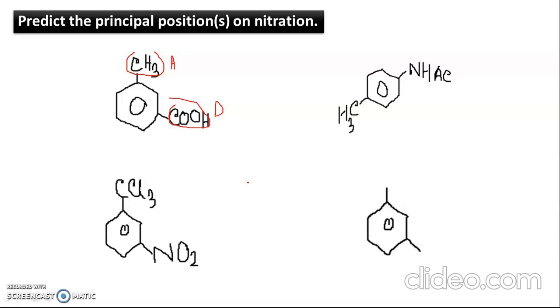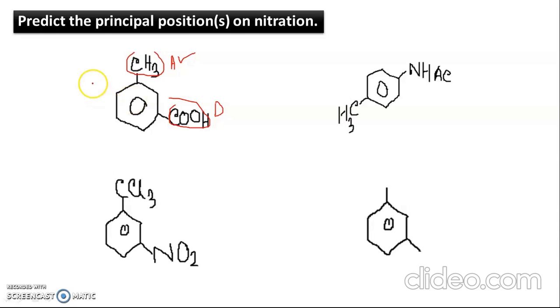Now when in the benzene ring there is an activating group and a deactivating group, these two are providing opposing effects on the benzene ring. So what we will do, we will consider the activating group more compared to the deactivating group. Here we have to consider the orientation effect of methyl, as it is winning over CO2H.